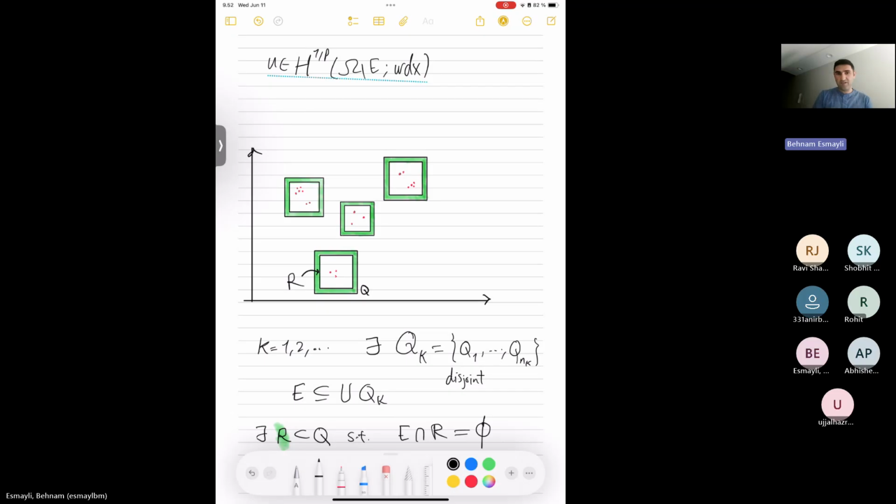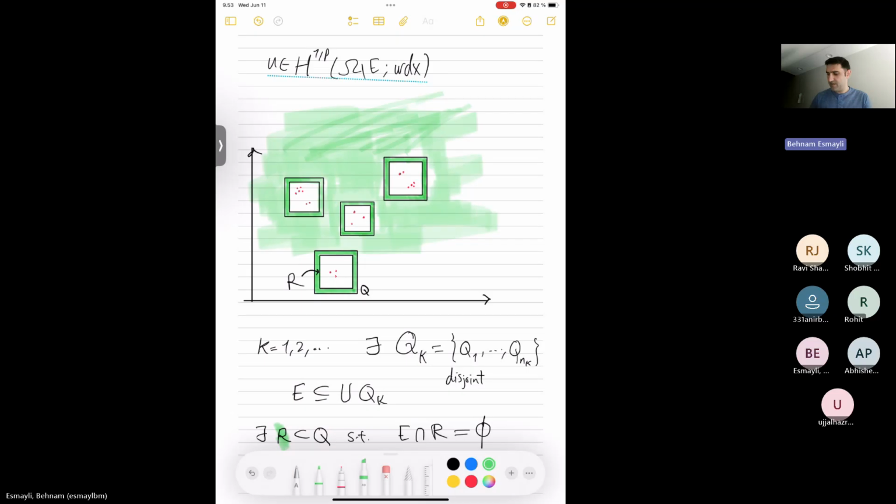The idea is very nice. You sacrifice first the function on a bigger set. You say, okay, you know what? I'm going to take my function everywhere. Remember, it's defined on all of R^n. But now I'm scared of the set E, and I actually stop before hitting the set E. I want to stop when I reach the boundaries of these cubes, okay?